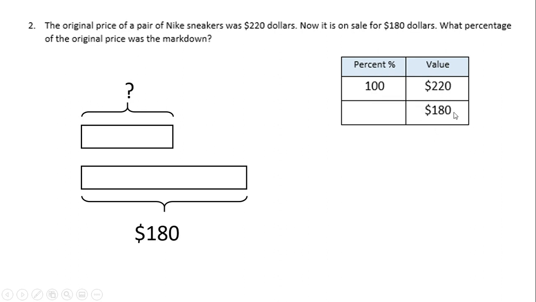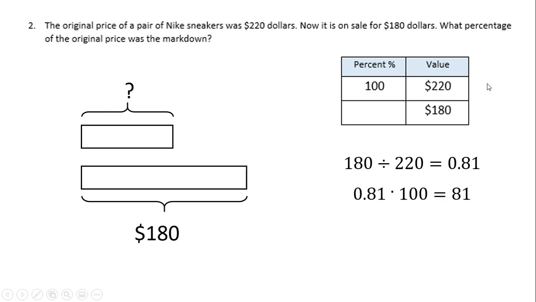We know the new value is 180, which is why it's on the bottom of the tape diagram, and we're looking for what percent that might be. The tape diagram shows 180 being divided into 220 groups, and our answer will get multiplied by 100. Again, we're starting with what we know.